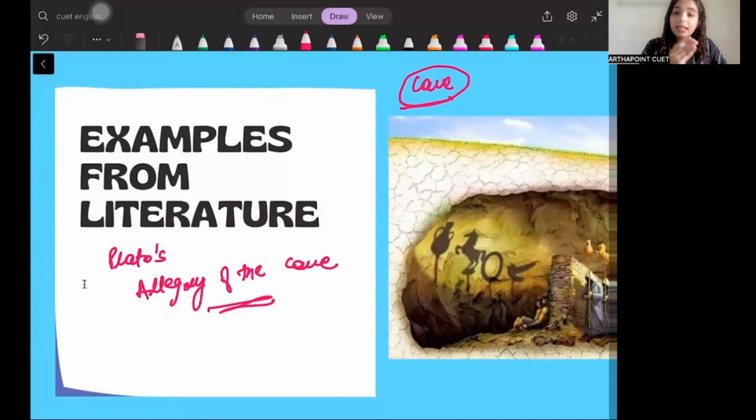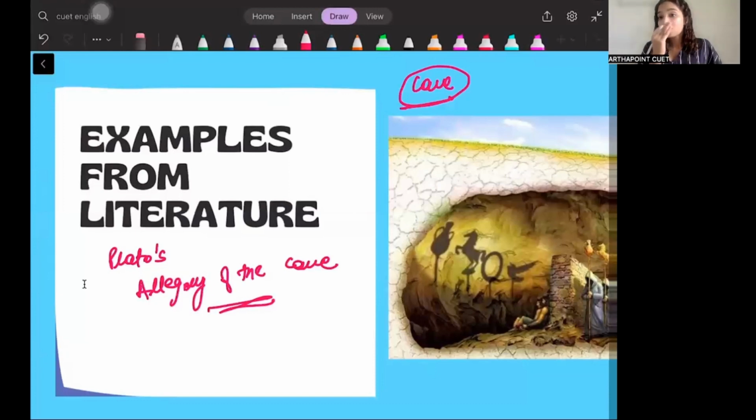Now there's a character, a philosopher. This philosopher frees himself from the cave, is able to come out of the cave, is able to see the real world and is enlightened. This philosopher would now come back and enlighten the other cavemen.